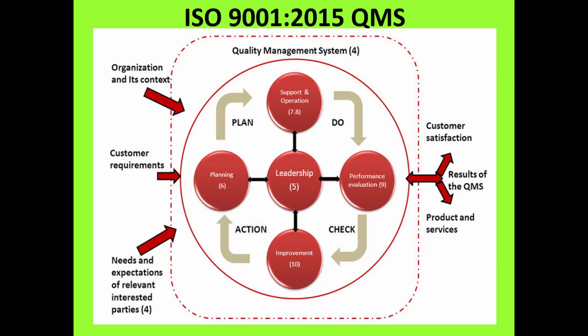Customer requirements, main input. The throughput uses the plan, do, check, act cycle in the integrated elements of leadership, planning, support and operations, performance evaluations, and improvement.